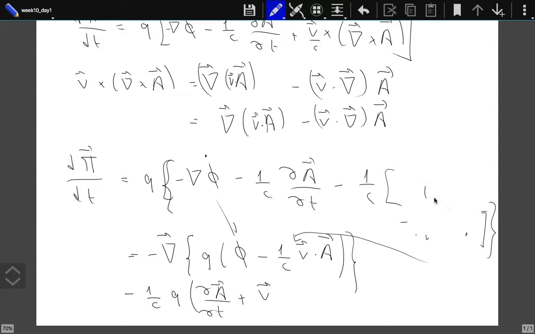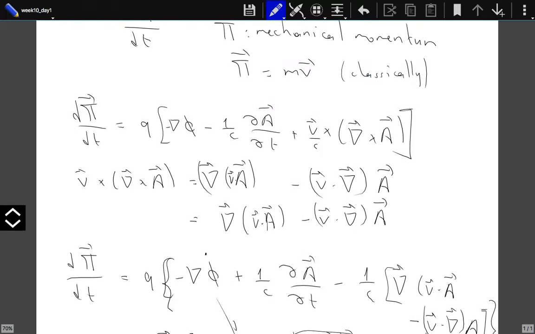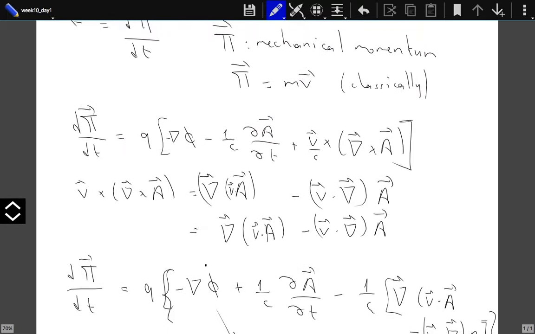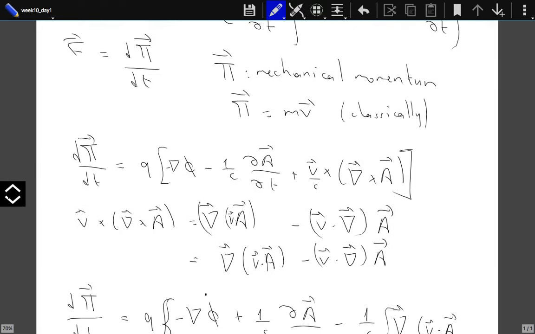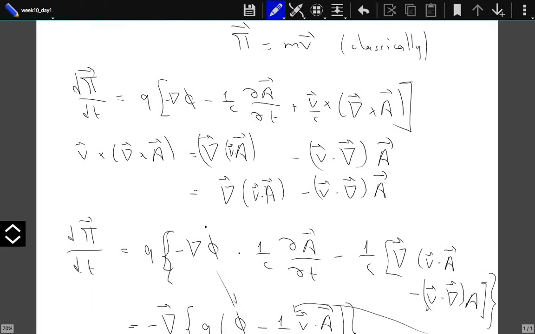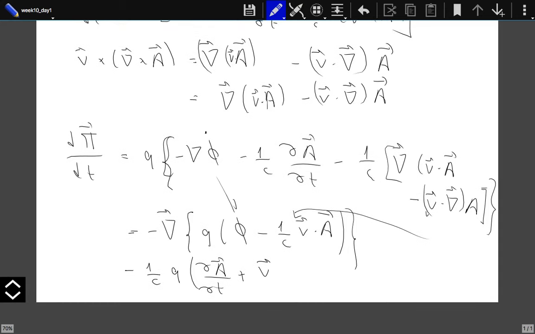I just made a mess. So it is the gradient of V dot A minus V dot the gradient of A, and this is minus V dot the gradient of it. This should be the final result.